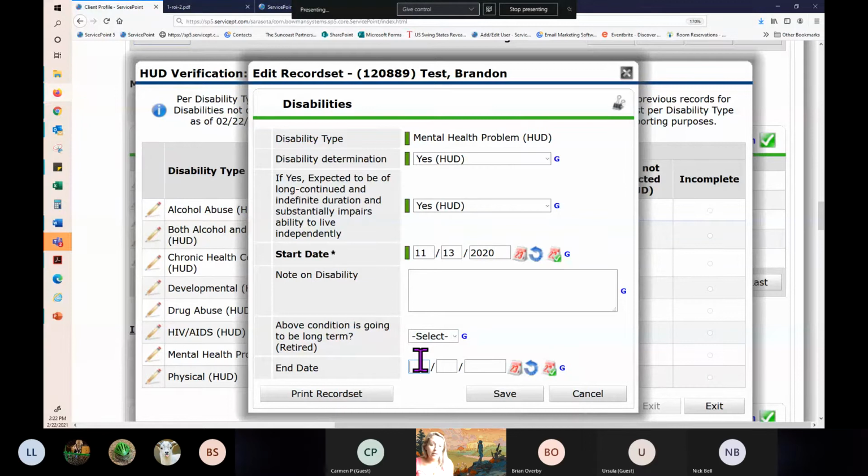And when you end data for HUD sub-assessments, that's what these are called, HUD sub-assessments, you always want to end it for the day before. So today is 02/22. We're going to end it for 02/21. This is ending this yes HUD sub-assessment, and we're going to save.